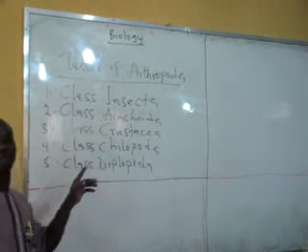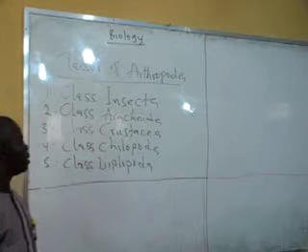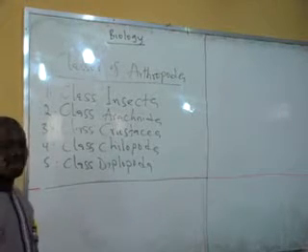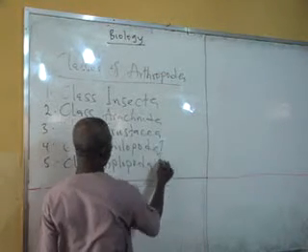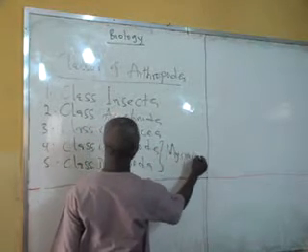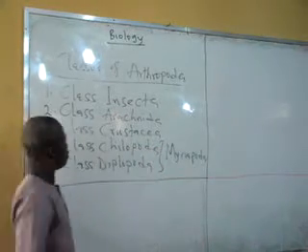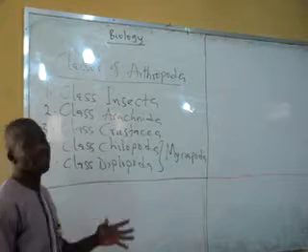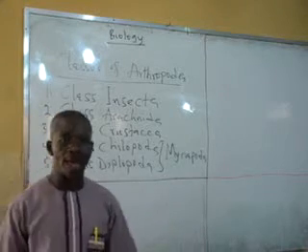And these two last classes are together called class Myriapoda. Now, these are the 5 main classes of Arthropoda.